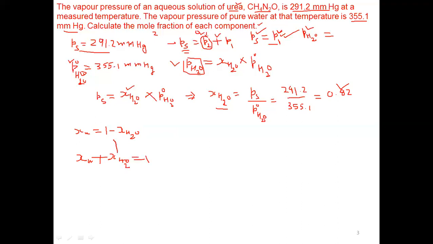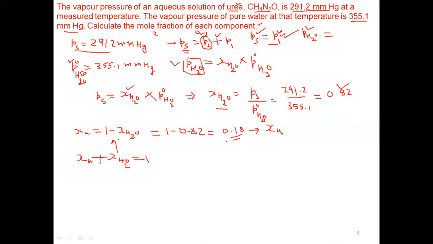So mole fraction of urea is equal to 1 minus the mole fraction of water we have calculated, 0.82. So it comes out to be equal to 0.18. Mole fraction of water is 0.82 and mole fraction of urea, XU, is 0.18.